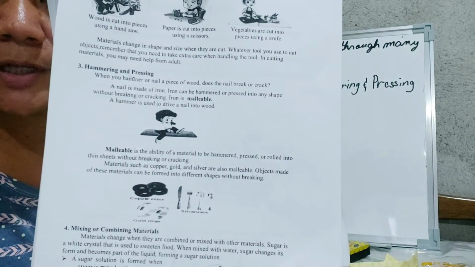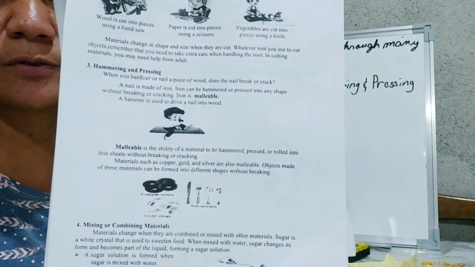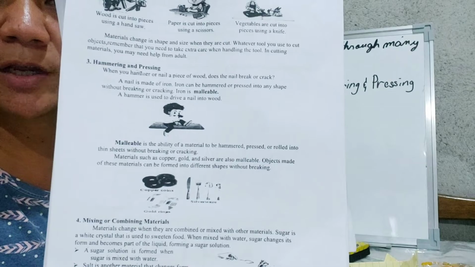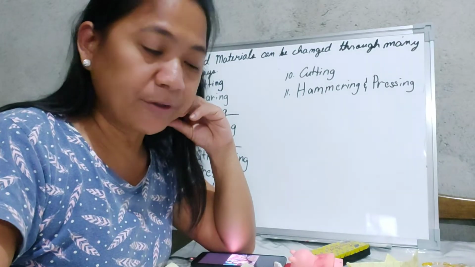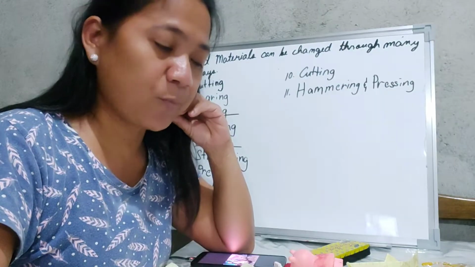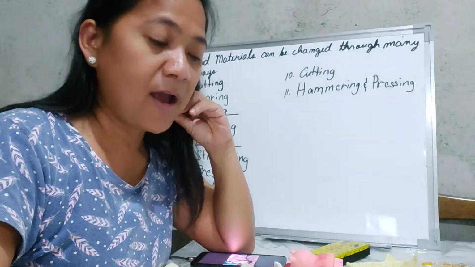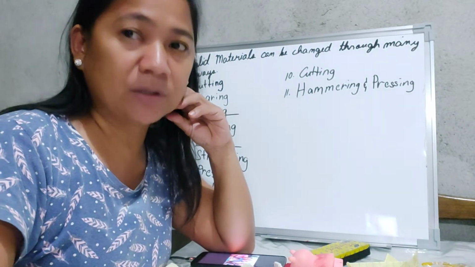Sa page 14 po ang ating dinidiscuss. Pwede po kayong sumunod gamit po ang inyong module. Iron can be hammered or pressed into any shape without breaking or cracking. Iron is malleable. So what is malleable?